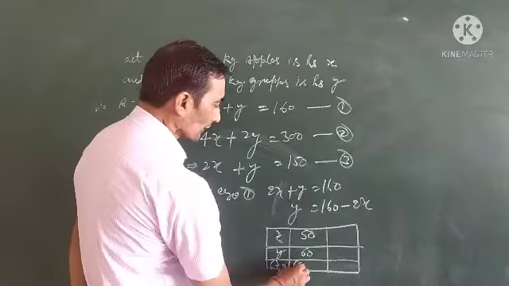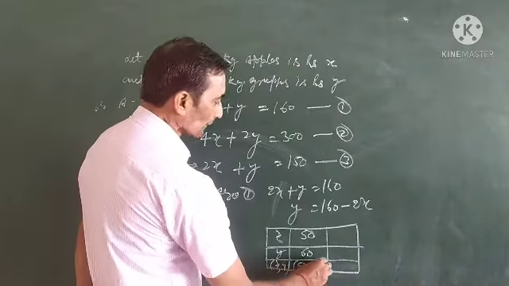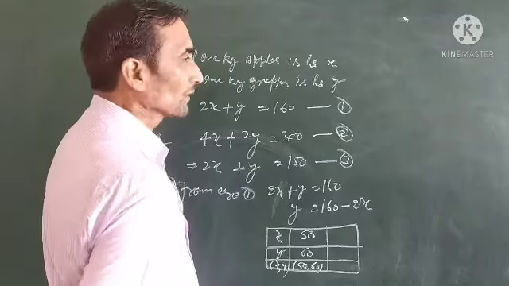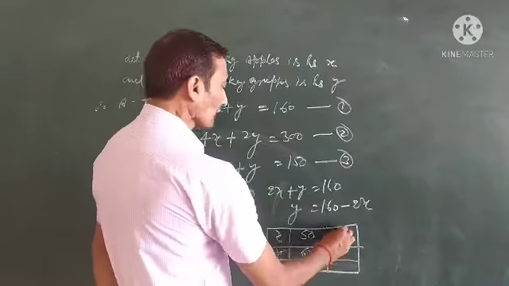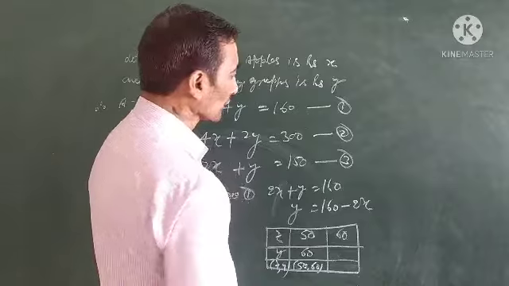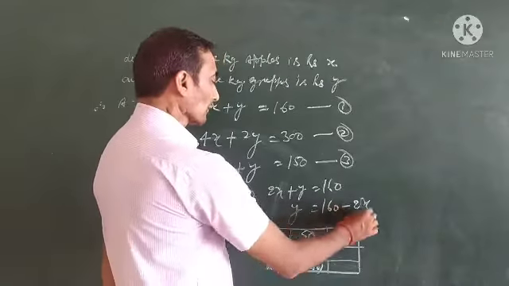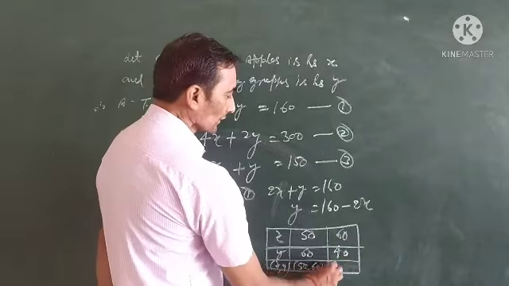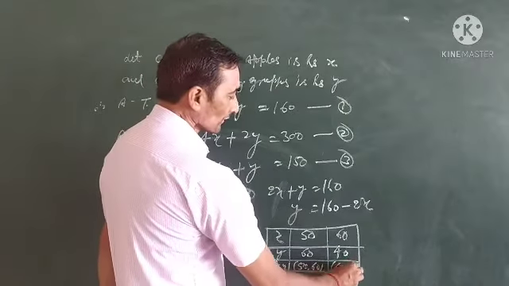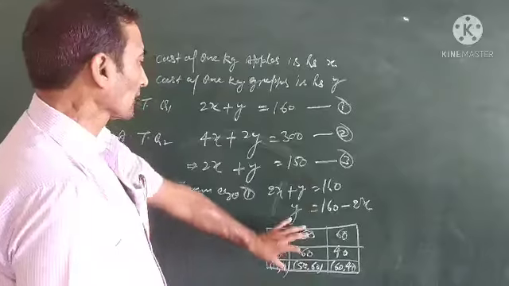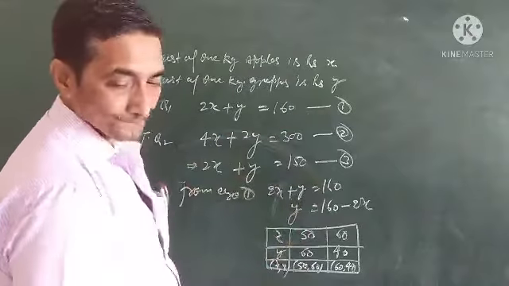Therefore, the first point is 50, 60. The second point is, suppose x equal to 60, 60 twos are 120, and 160 minus 120 is 40, and the point is 60, 40. And this is from equation number first.